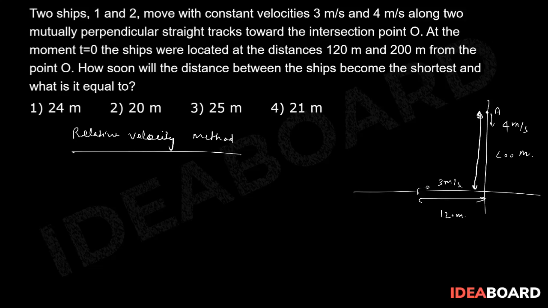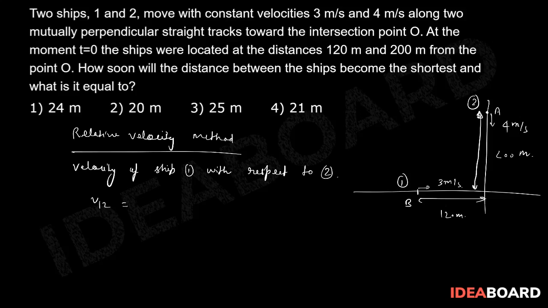So what I am doing is calculating the velocity of ship 1 with respect to ship 2. That means the V12 vector will be equal to V1 minus V2 vector.